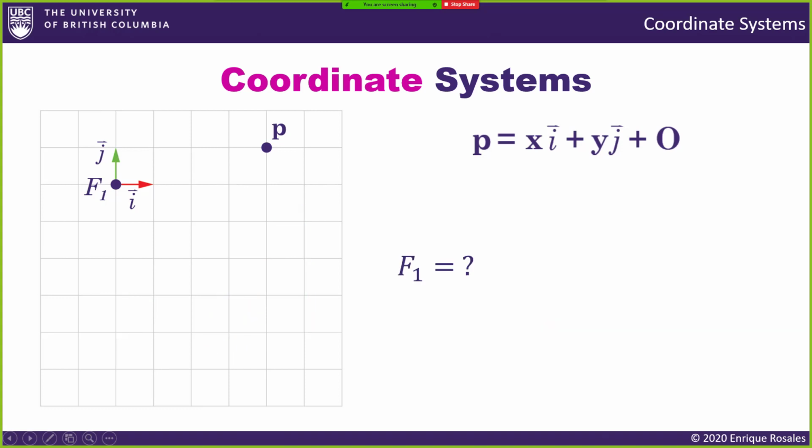So let's see this, for example. What are the coordinates of the point P with respect to F1? Here we are going to use the chat, so try to write your answer in the chat. What do you think? Yes, 4 times i and 1 times j, of course.